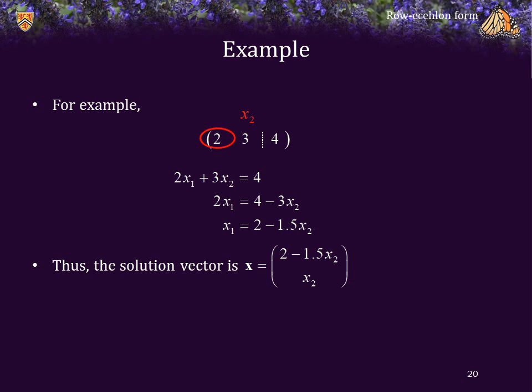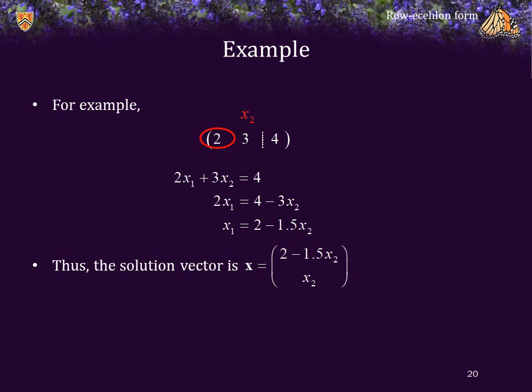That means whatever value x2 takes on, we can calculate the appropriate x1 by just calculating 2 minus 1.5x2. So for example, if x2 is equal to 0, x1 is equal to 2. If x2 is equal to 1, then x1 is equal to 0.5, and so on and so forth.